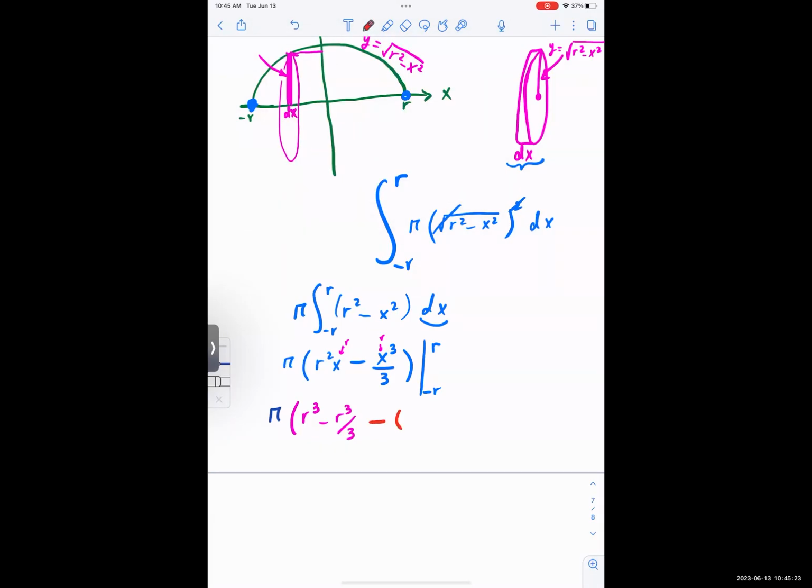Minus, now replacing the lower limit, that is negative r. So r squared times negative r is negative r cubed. And then the second one is negative r cubed over 3, and with the minus in front, it's going to be positive r cubed over 3. So now you're distributing the negative and you're combining them.